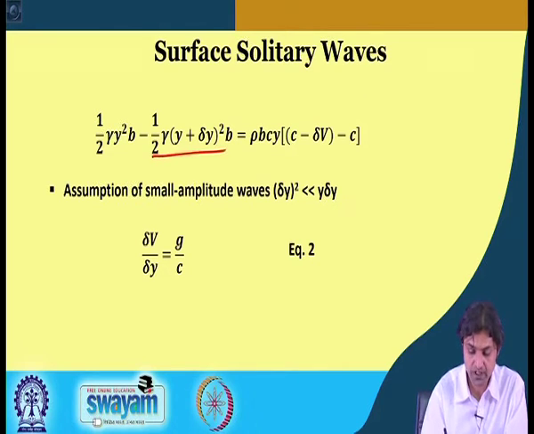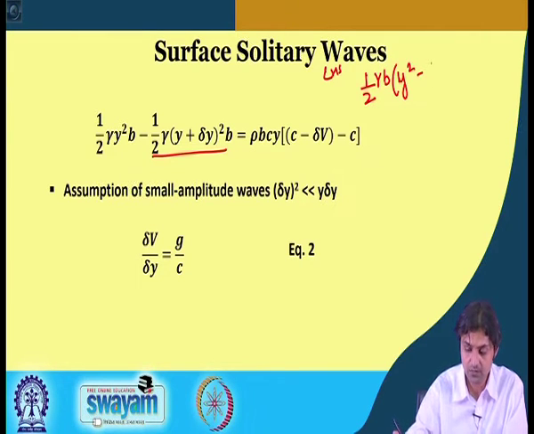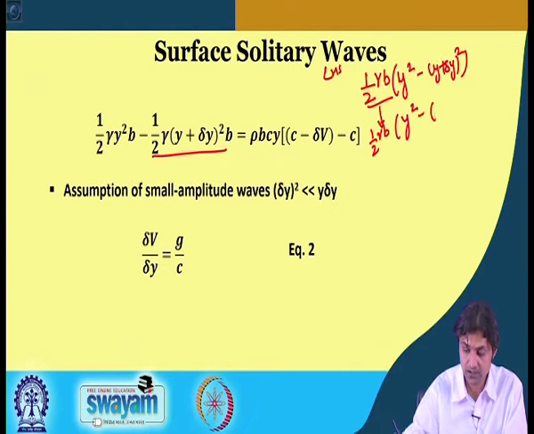If you put this in and solve, let us look at this term. If we take half, gamma and b common, the left hand side is half gamma b times y square minus y plus delta y whole square. This will be y square minus y square plus delta y square plus 2 y delta y.